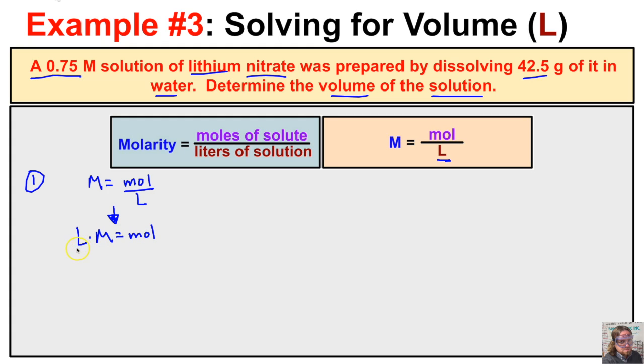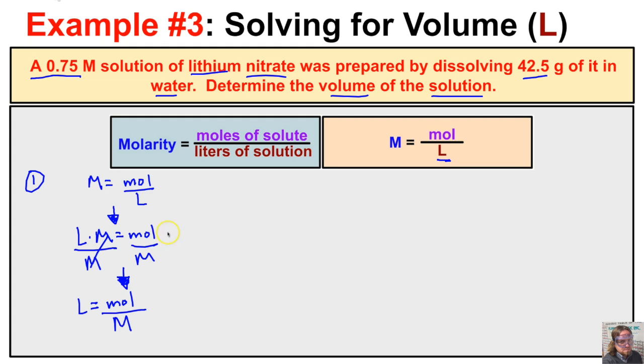And now we're asked to solve for L, right? We want to figure out the liters of solution. So we're going to divide both sides by the molarity. Molarity will now cancel. And so to get the liters of solution, we simply take the moles of dissolved solute and divide it by the molarity of the solution.